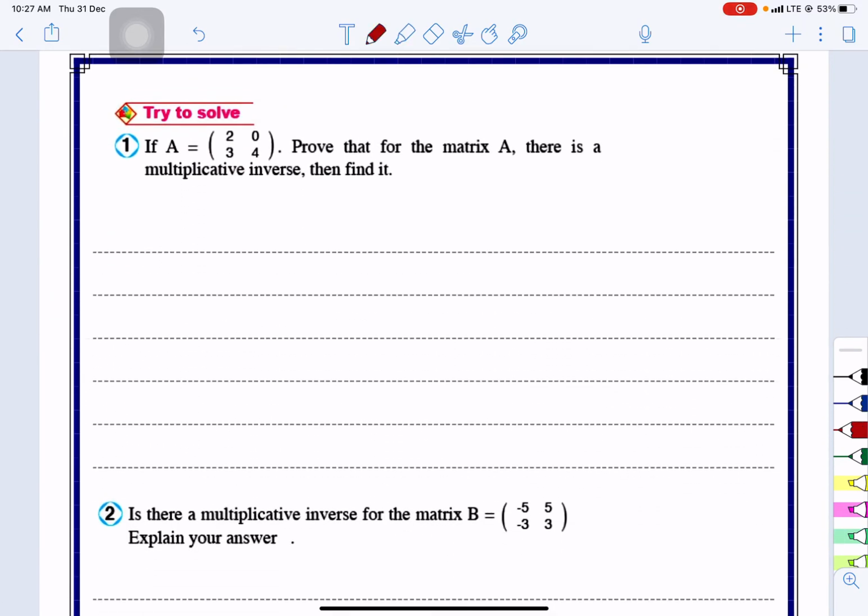At first, if A equals the matrix 2, 0, 3, 4, prove that for the matrix A there is a multiplicative inverse.